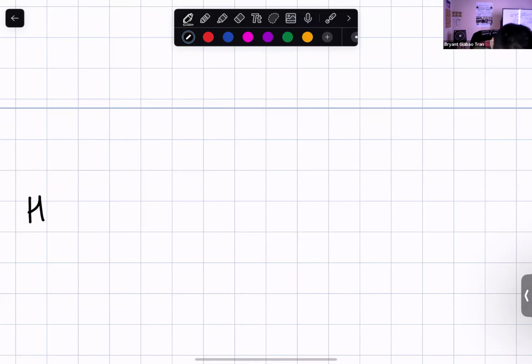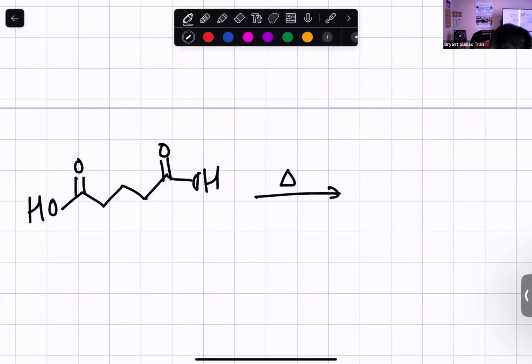We have a dioic acid reacting in heat. So this is going to be an intramolecular reaction, since we see our nucleophile, the star, is on the same molecule as the electrophile, right?